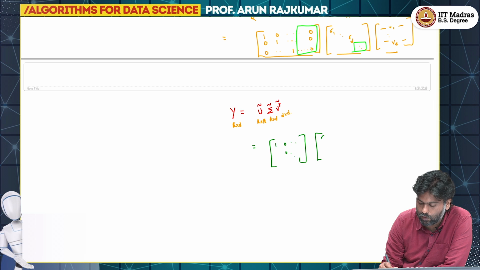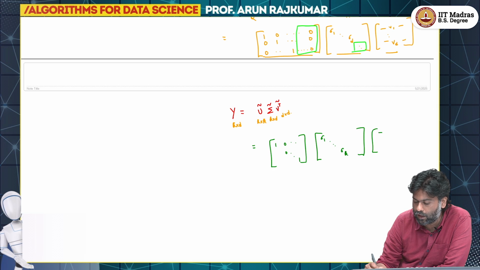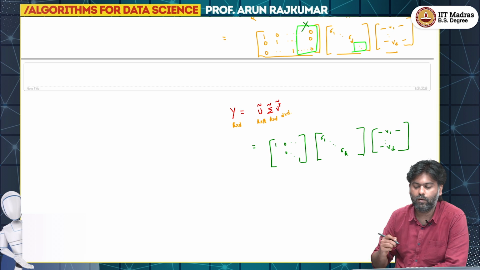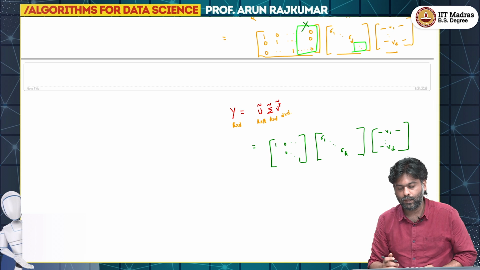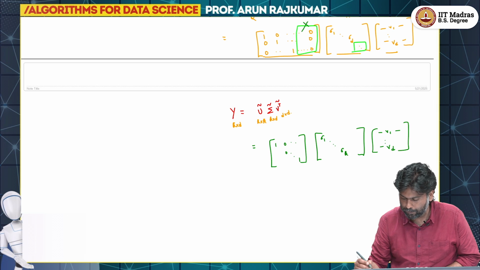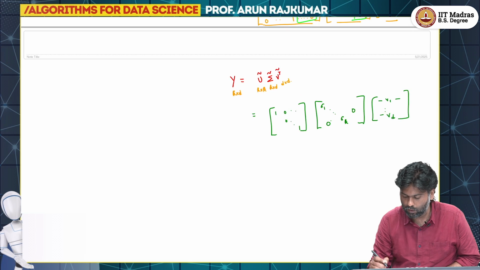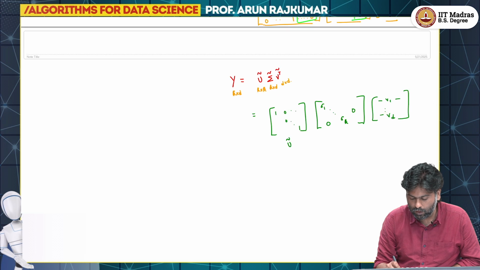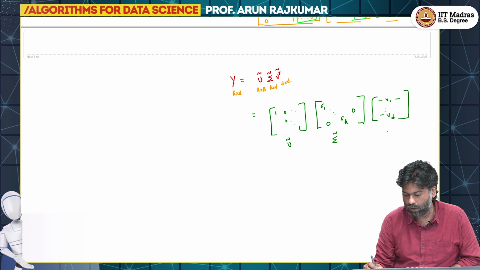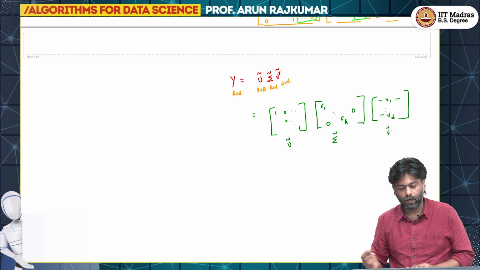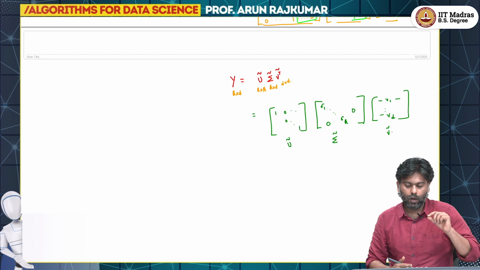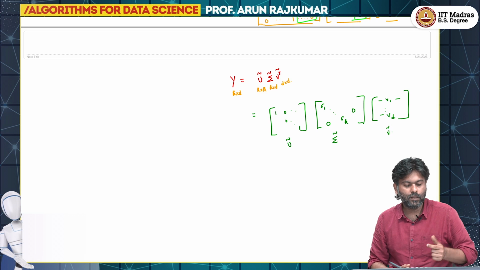Sigma tilde will just be sigma 1 to sigma k with the extra zeros padded, and V tilde will exactly be my same V. So, I am removing this part, that is all I am doing. Everything else is exactly the same for me. Everybody else is 0 here. So, this would be my U tilde, this would be my sigma tilde, and this would be my V tilde, which is exactly V.